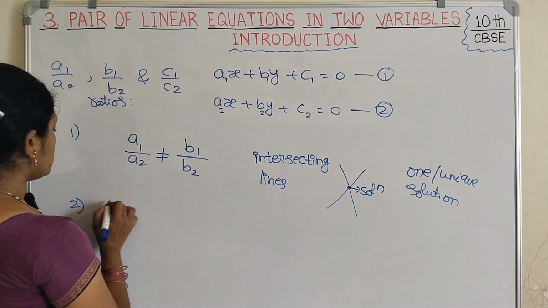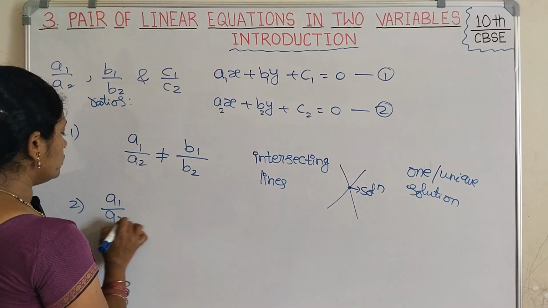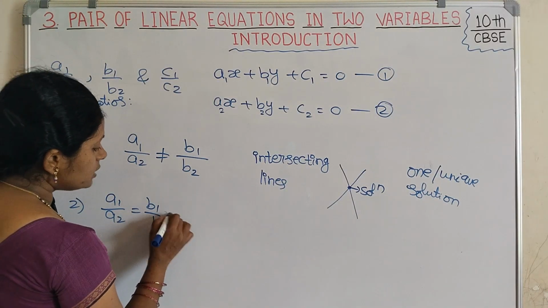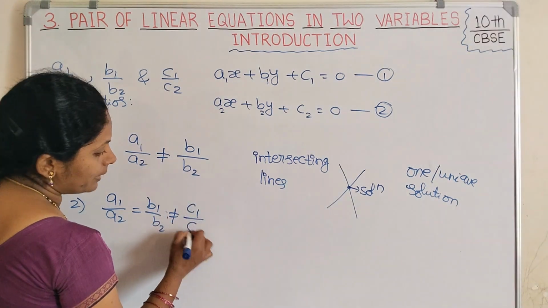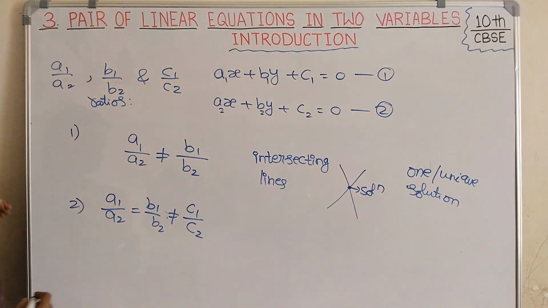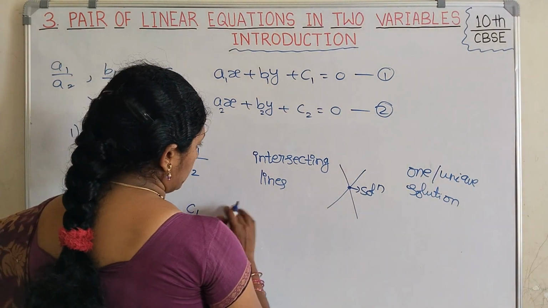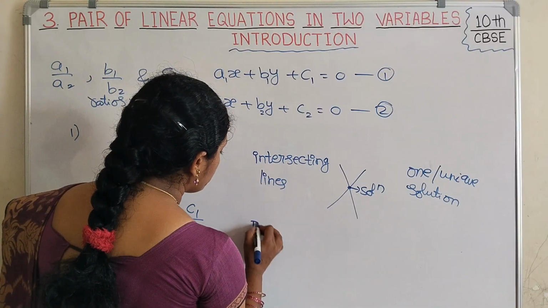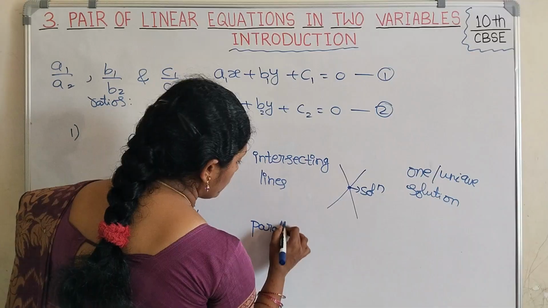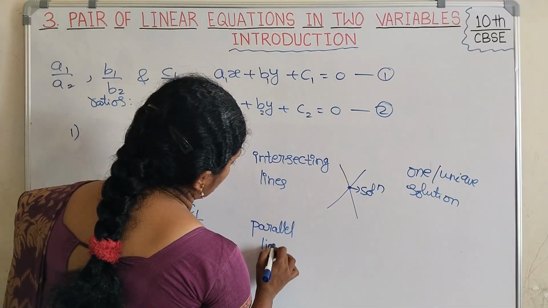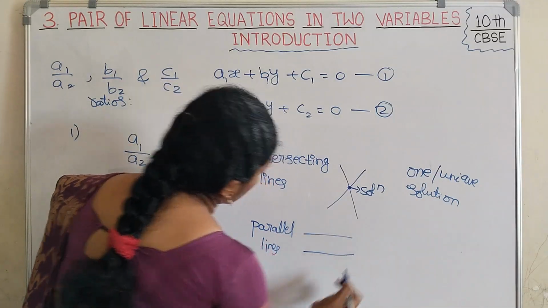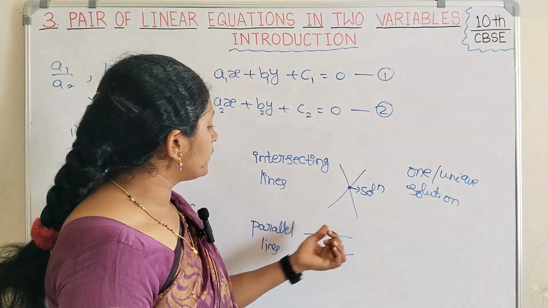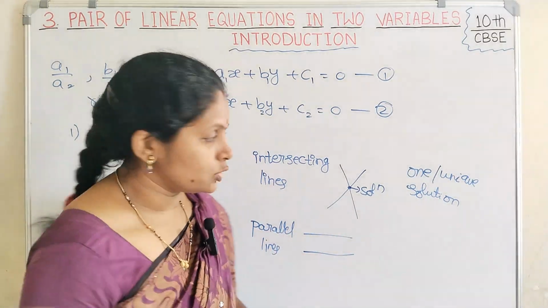The second case: if a1 by a2 is equal to b1 by b2, which is not equal to c1 by c2, then these lines will be parallel lines. Here there is no intersection, which means there is no solution.